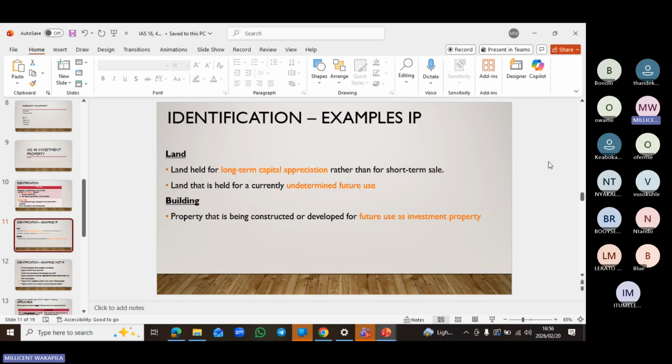For example, if you go around maybe Brickton there or in Mayview, and you see a building being constructed for student residential accommodation, if it's a company that is constructing it, it must be classified as investment property because their future use is as an investment property.